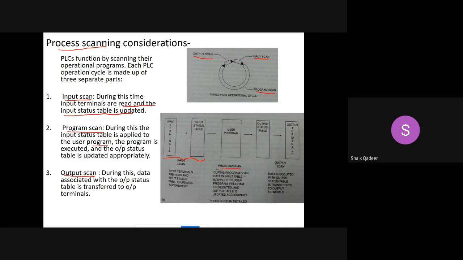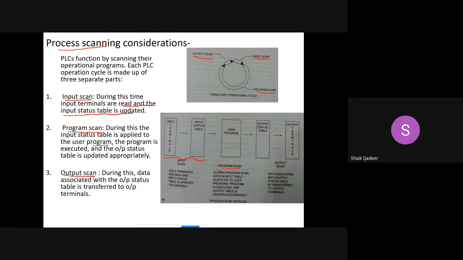The table that got updated because of the reading operation gets applied on this program, and this program is updated or executed. This program results in some output, and that output has corresponding places in a table called the output status table, which is updated.